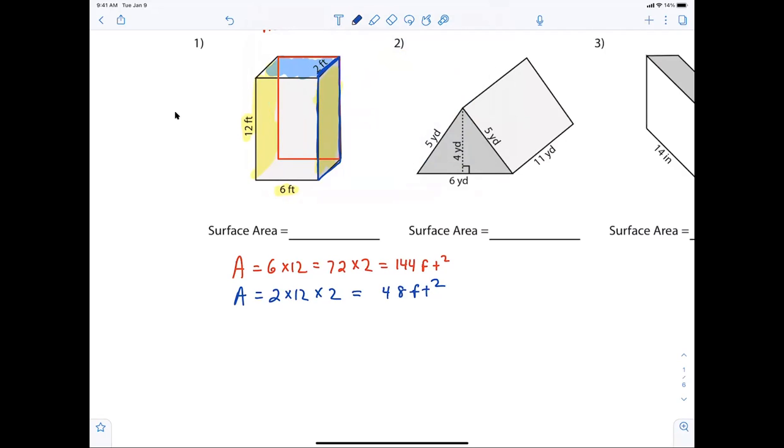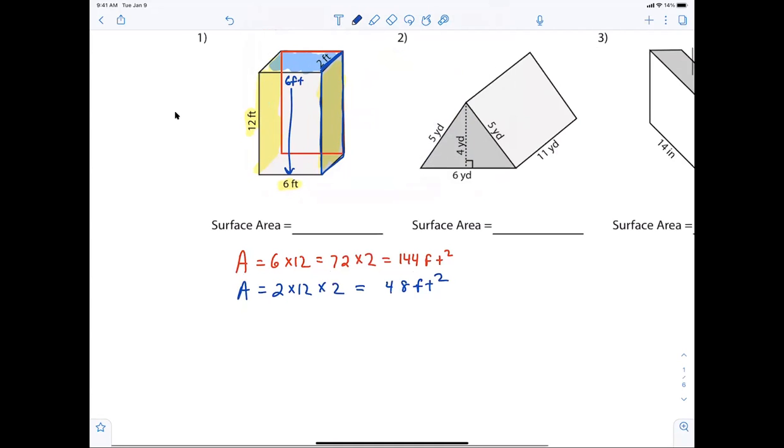That is correct, because this right here is 6 feet because it's directly above the other one. So the area of the top is 2 times 6, and then the top and bottom are exactly the same, so that's times 2, which is equal to 24 square feet.